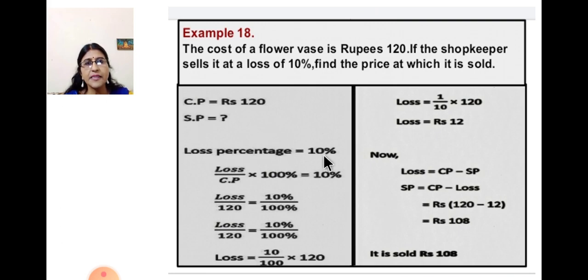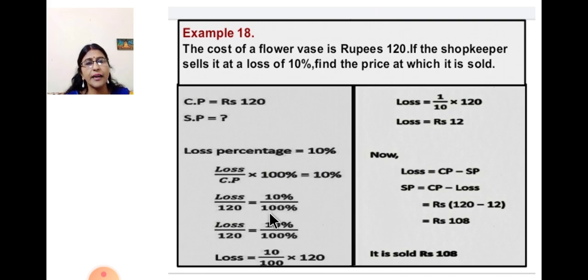So as loss percentage is given, we are going to use the formula for loss percent, which is loss upon CP into 100%, and that is equal to loss percent, and the value is here 10%. So we'll write 10%. And then in the next step, loss upon CP, now CP is 120, we'll write 120, which is equal to 10%. And this is multiplied here, we'll bring it to this side, it will become divided.